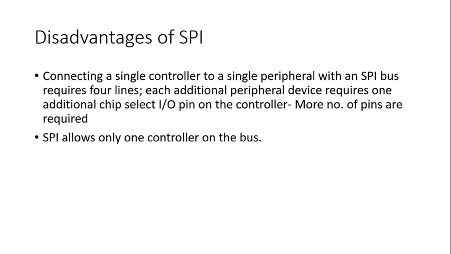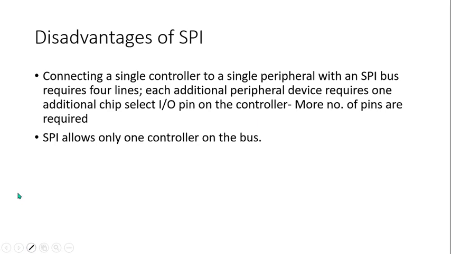Then we will go for SPI, Serial Peripheral Interface. In SPI, you require 4 lines for connecting one peripheral to a controller. It means for one peripheral you have to spare 4 pins. And for every additional peripheral device, we require one additional chip select signal.